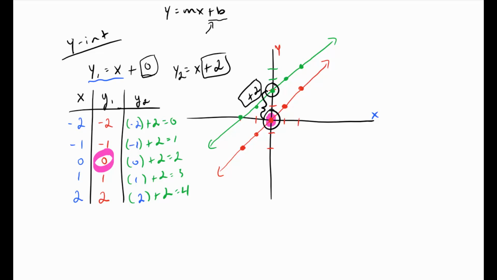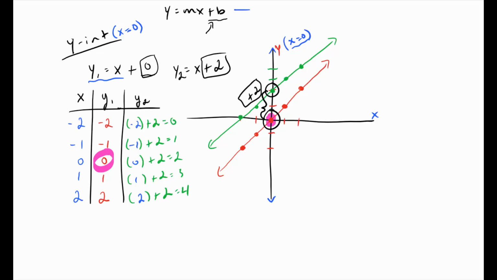I've talked previously about x and y-intercepts, and that idea that if we're looking for a y-intercept, every single point on the y-axis has an x value of 0. So if I want to find the y-intercept, I can just set x equal to 0 in my equation.